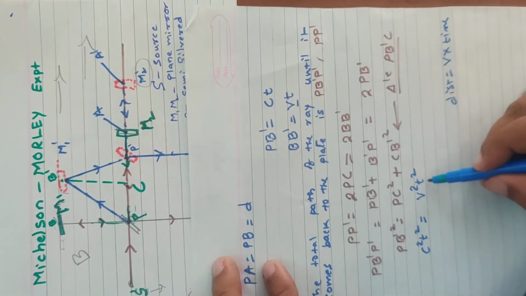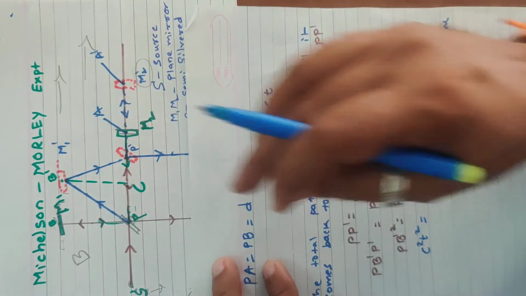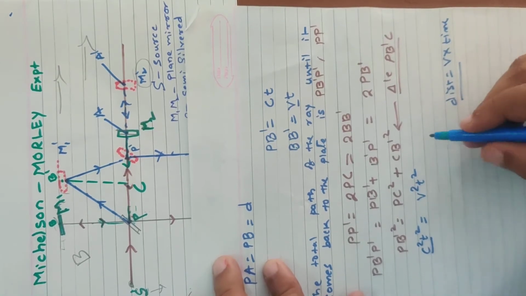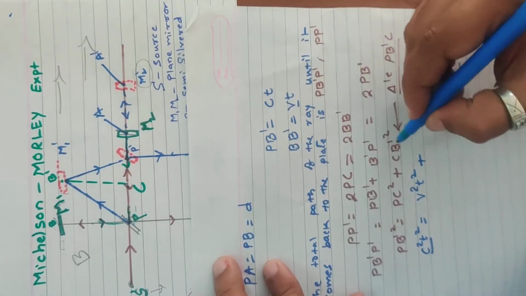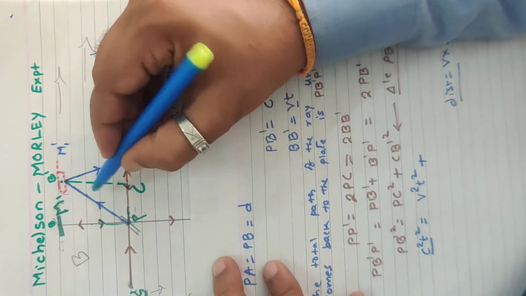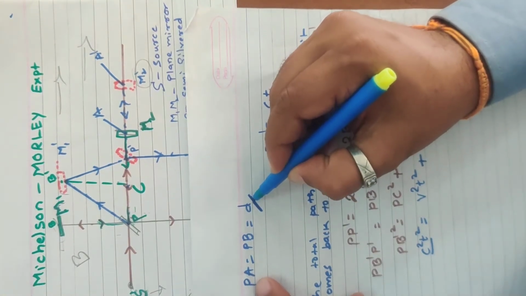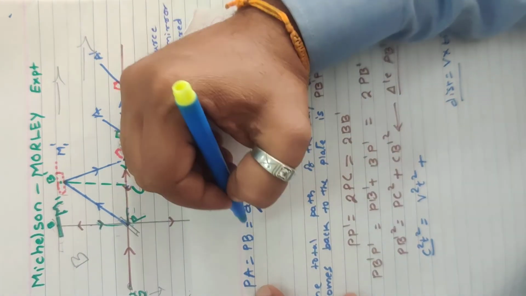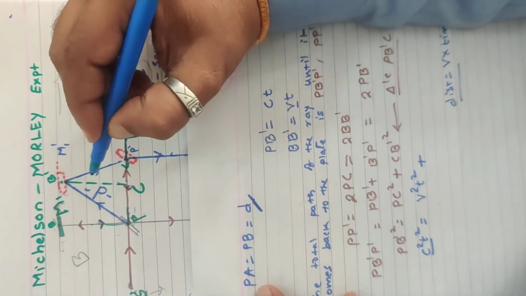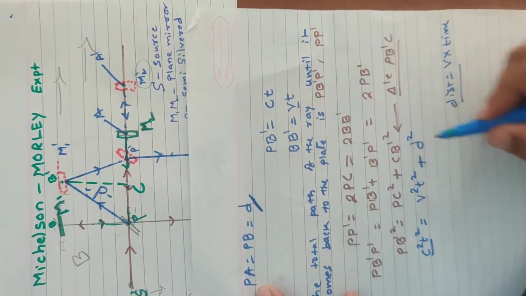Therefore velocity into time I have written here. PB dash is nothing but the distance moved, therefore that is also velocity into time, plus what is CB dash? CB dash is, as we have given, PB equal to D. Therefore CB dash can be written as D only, therefore I write it as D square.